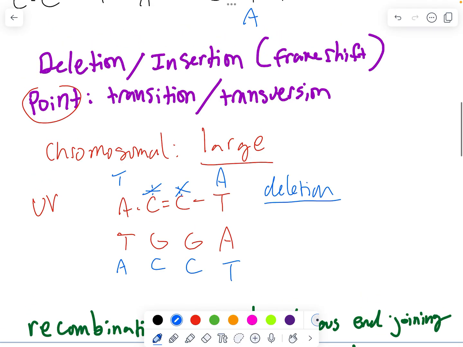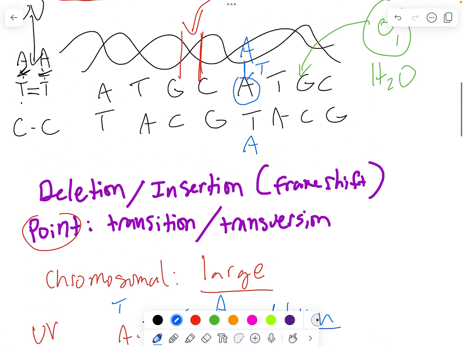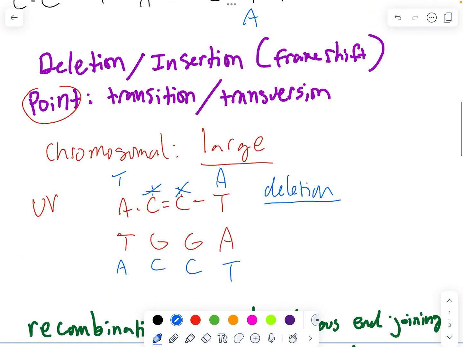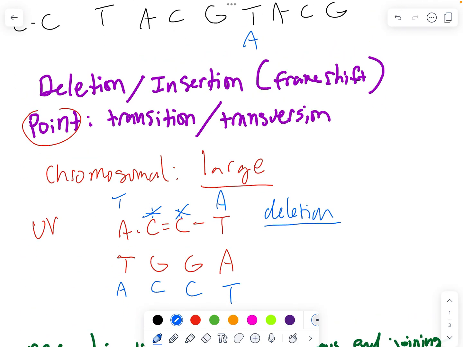Similarly, I can also get an insertion. And so one of the things that I didn't mention up here is viruses and transposable elements. Anytime I have a transposable element, it takes a piece of DNA from somewhere in my chromosome, and it picks it up and it puts it somewhere else.